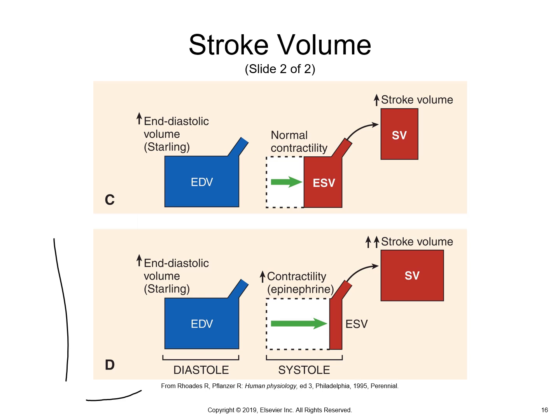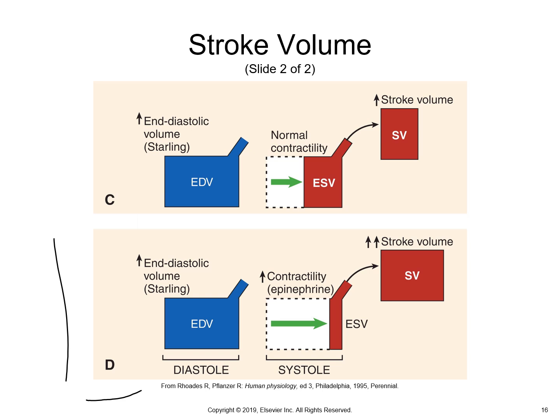So in a nutshell, stroke volume is the amount of blood pumped by the heart with each beat. Again, it's determined by how much blood fills the ventricle before contraction, which is the EDV, and how much is left behind after the contraction, which is the ESV.